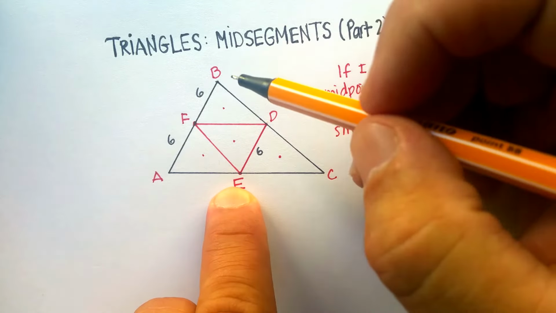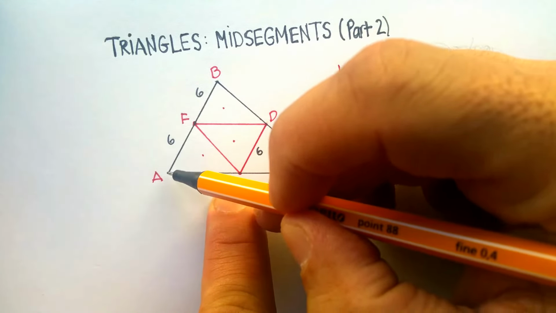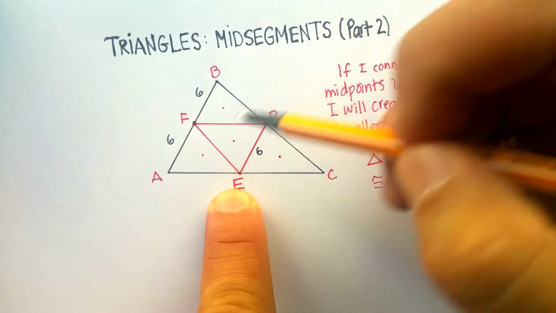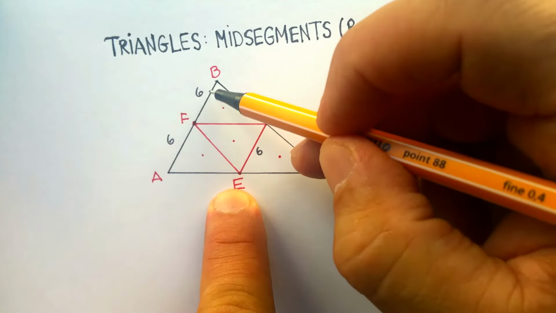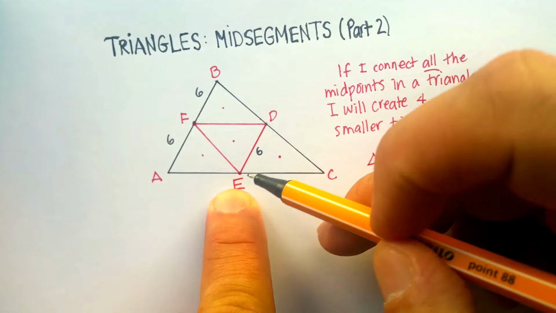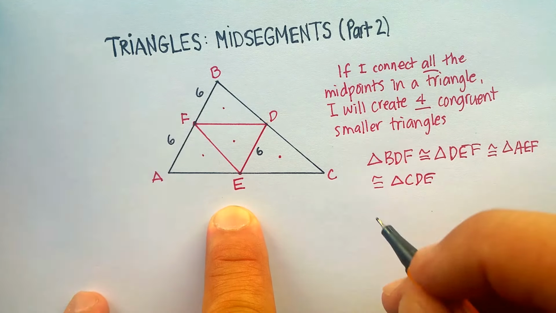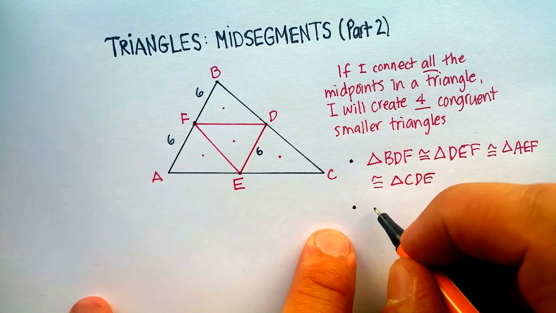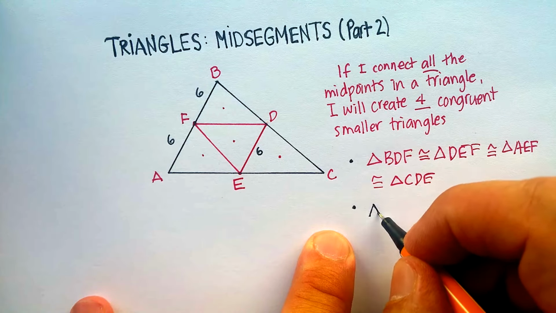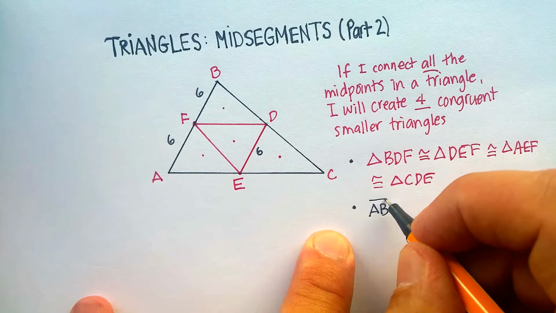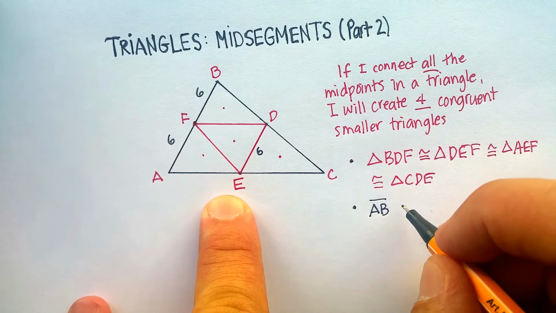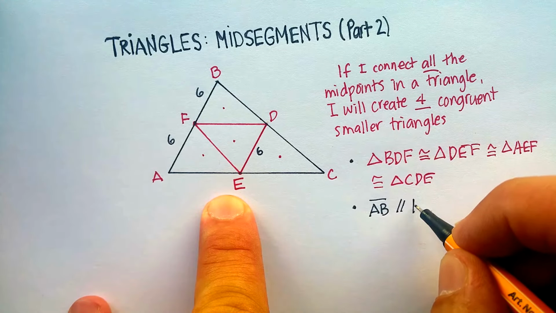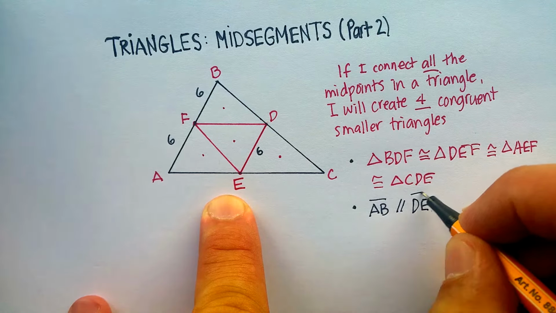Now remember, one of the things I said in part 1 was that line segment AB is parallel to line segment DE.